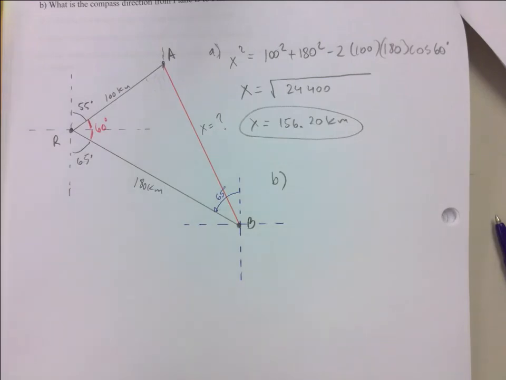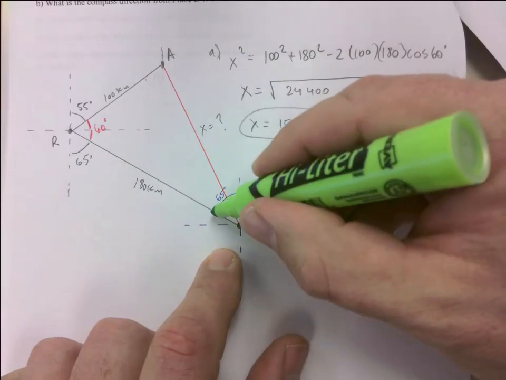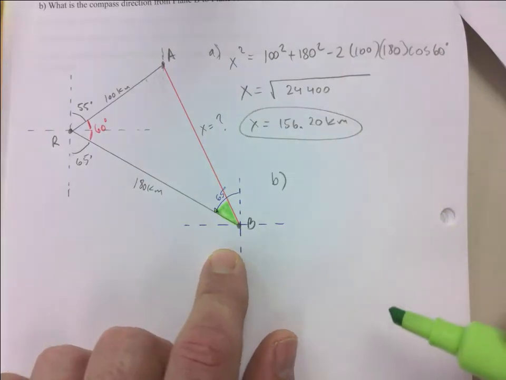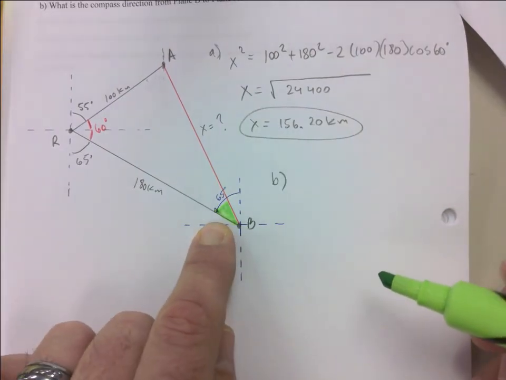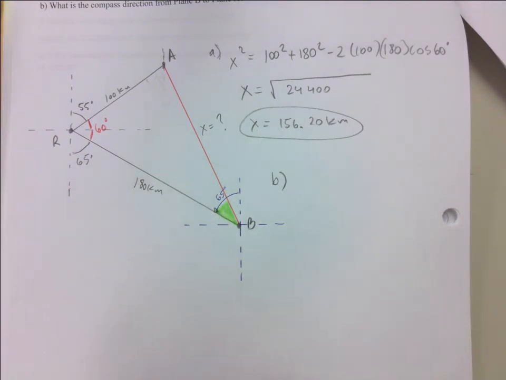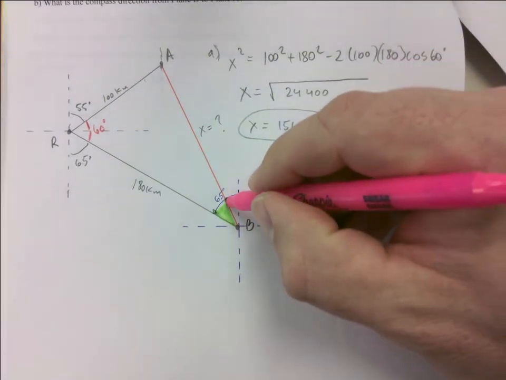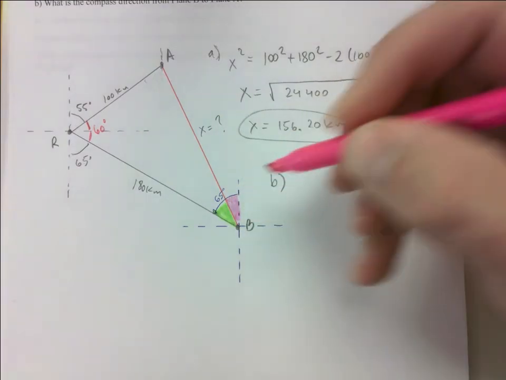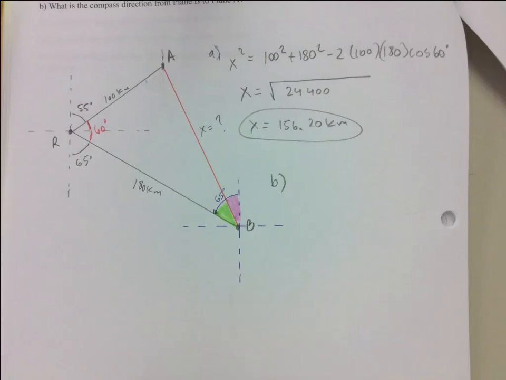And what I'm going to do, and this is where highlighting is very helpful, I'm going to figure out this angle here inside the triangle. And I'm going to take that away from 65. And that's going to allow me to figure out this one here, because this is the one that I really need in order to be able to say what the compass direction is.